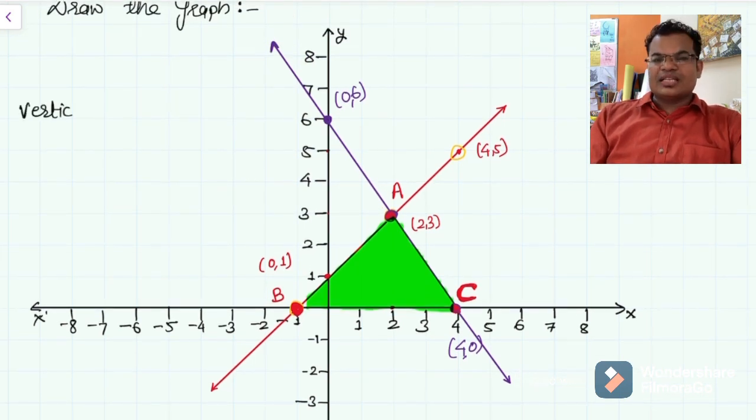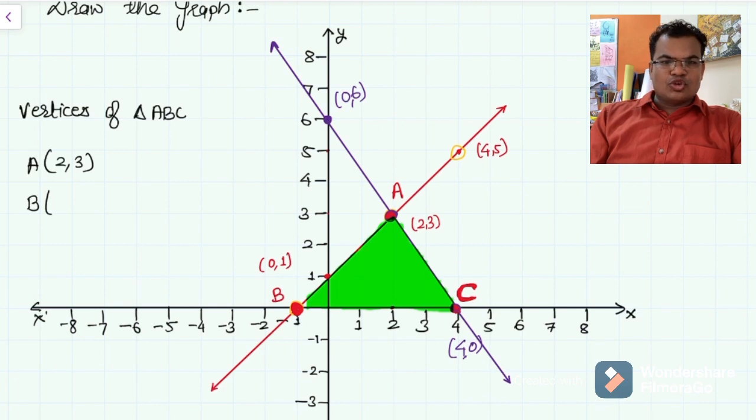Guys, this is the question asked in the exam. But one more thing I want to tell you: the vertices of the triangle, you have to write them down. So the vertices: A is 2 comma 3, B will be minus 1 comma 0. B is minus 1 comma 0, and because this is intersecting on the negative x side, this point is minus 1 comma 0.